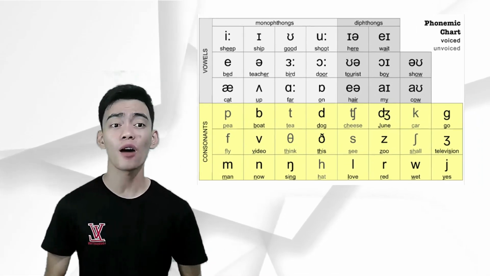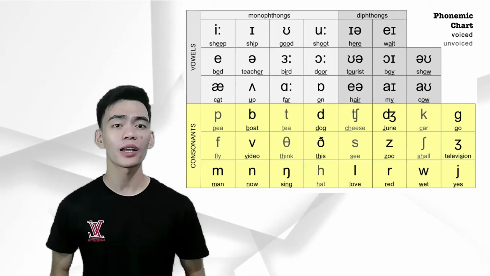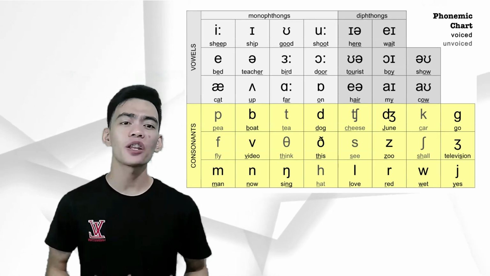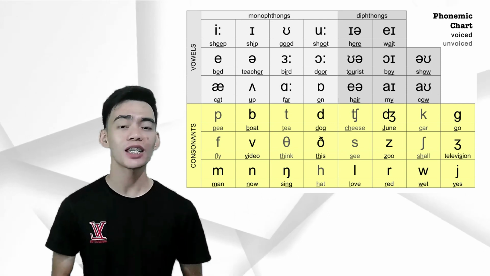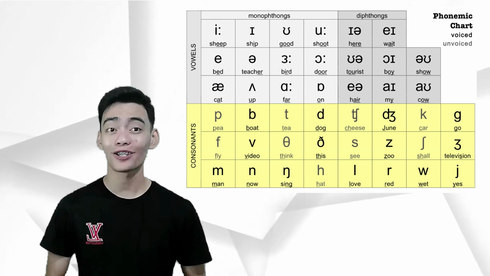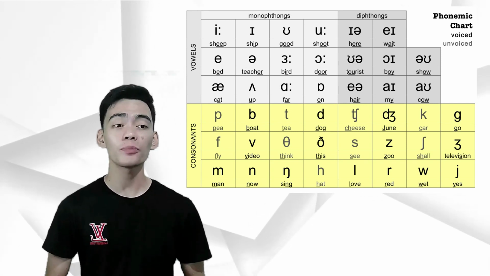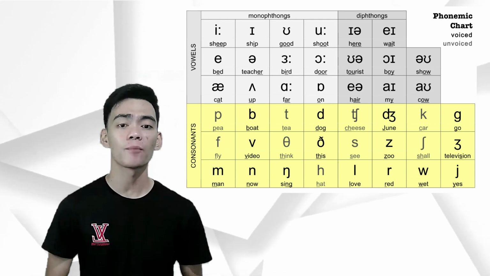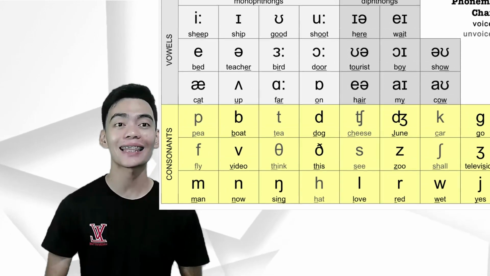We have the monophthongs and the diphthongs. A monophthong is a pure vowel. In other words, when the vowel is spoken in isolation, the position of the mouth remains unchanged. By contrast, a diphthong is a glide from the vowel position towards another. As you pronounce a diphthong, you will feel the shape of your mouth alter slightly.